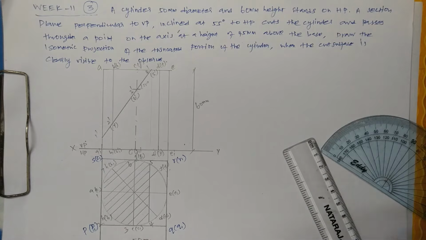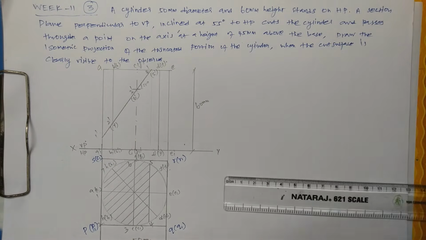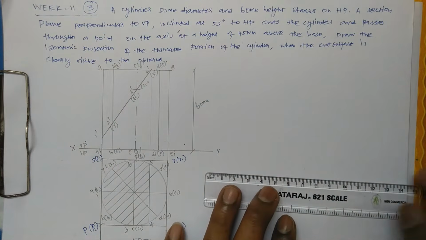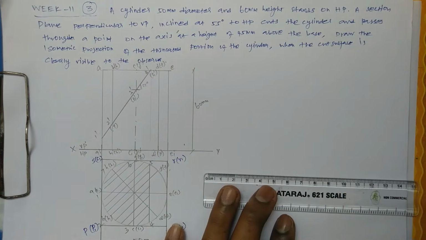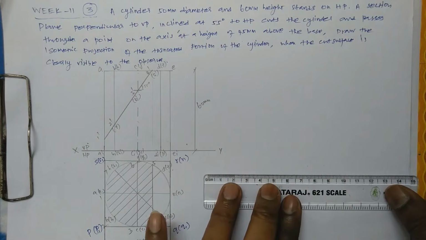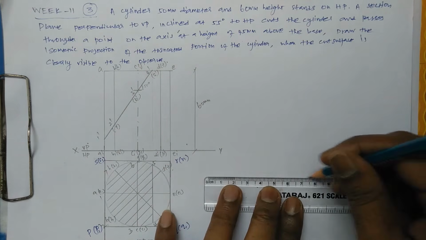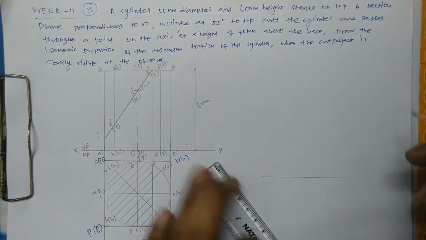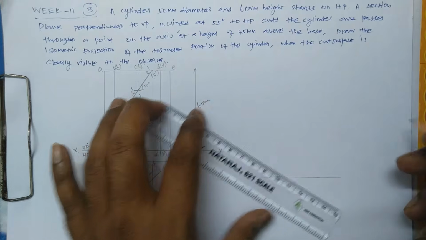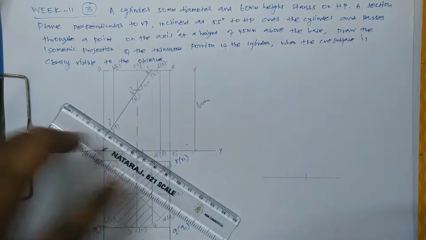Once it is over, let us draw the isometric plane with a reference point. It is supposed to be a 30-degree line in both directions. Let us draw one reference line and mark the point.